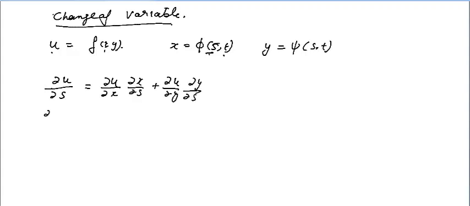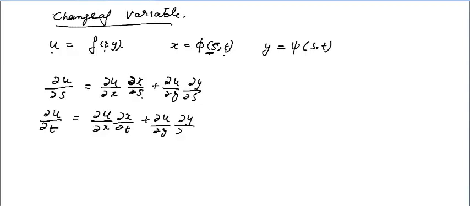And if you want to find the derivative of u with respect to t, again it will be partial, ∂u/∂x times ∂x/∂t, and you cannot write this as a total derivative. Why? Because x is not only depending upon s, it is also depending upon t. So you will write t here, plus ∂u/∂y times ∂y/∂t. Number one, you must know this thing.